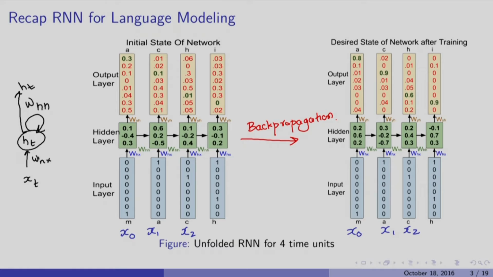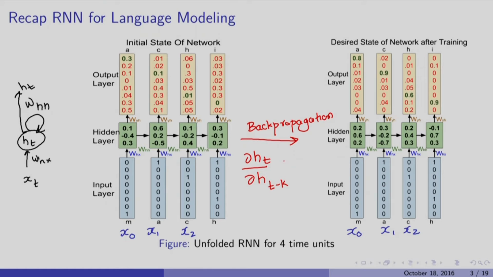However, we discussed a problem with the back propagation setup. Recall that back propagation requires the derivative of the hidden state at time t with respect to the hidden state at time t minus k.